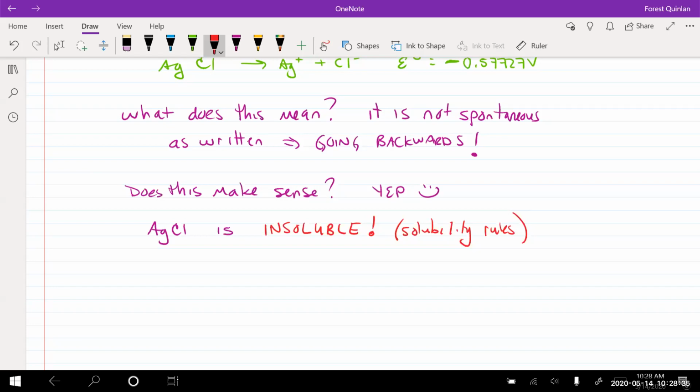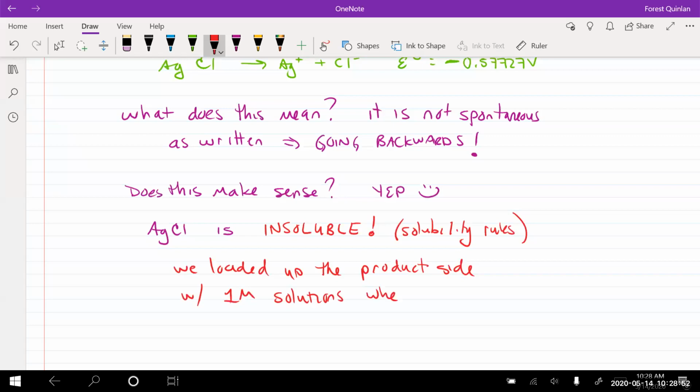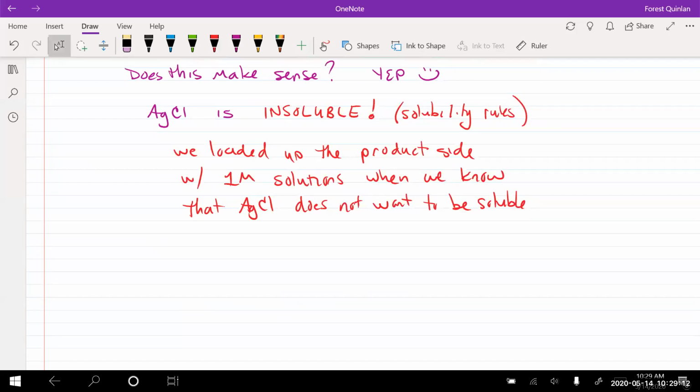Right? We loaded up the product side with 1 molar solutions when we know that AgCl does not want to be soluble. Le Chatelier, oh, hey, it's all coming back.